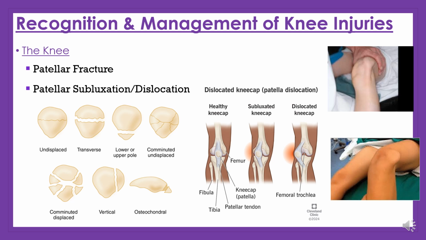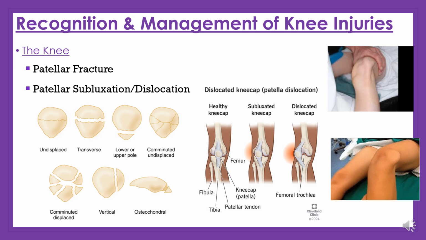Another thing that we need to be aware of is a subluxation or a dislocation of that patella. So subluxation just means that it was partially dislocated, so it either fully left its normal position and returned, or it just partially left its position and then came back. And then a dislocation is where it fully leaves its resting position and remains out of position.